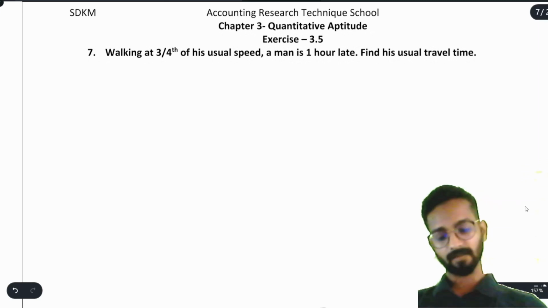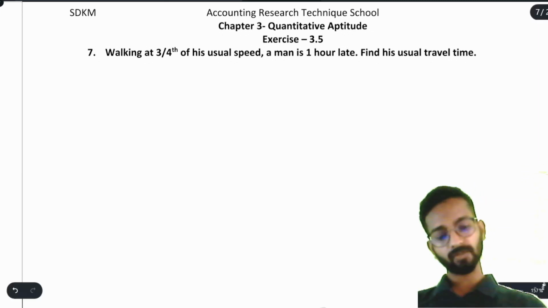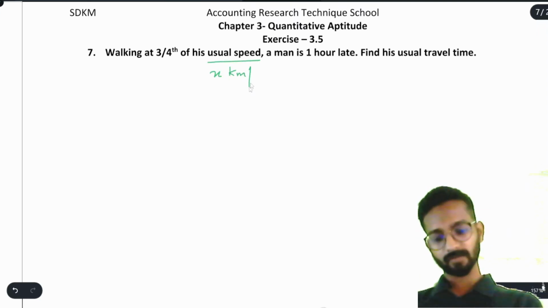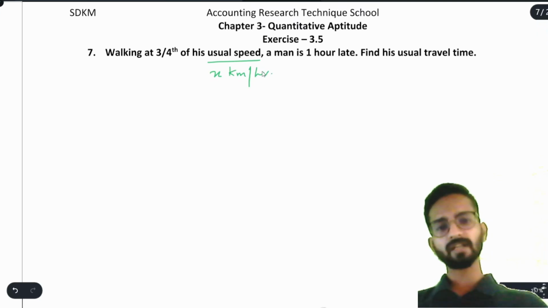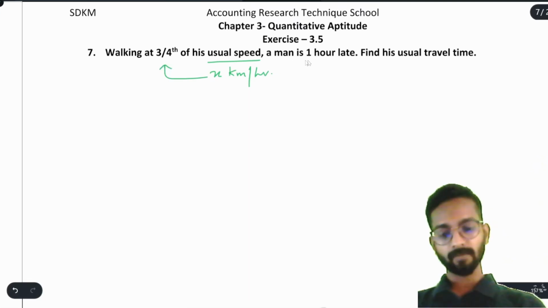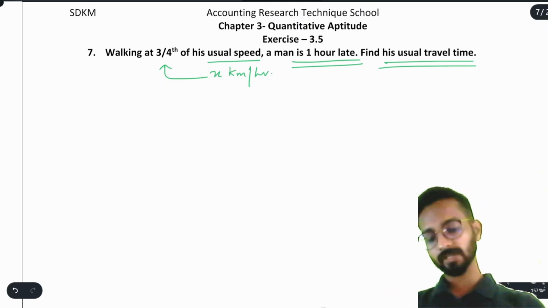Question number 7. Walking at 3/4 of his usual speed, a man is 1 hour late. Find his usual travel time. Usual speed can be x km per hour. Usual speed means the regular speed what he has. See, here we will have two sets of information.